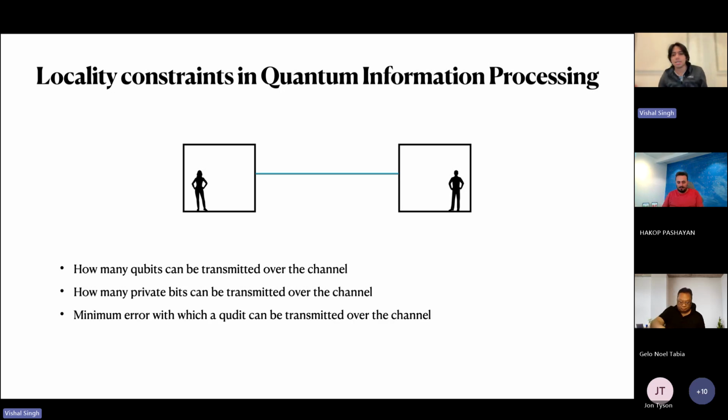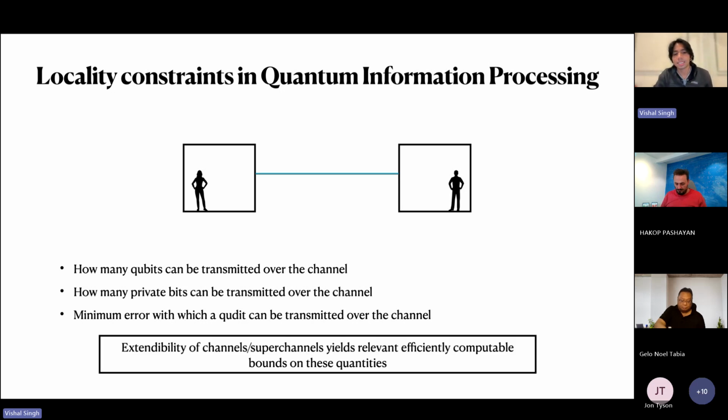And you can modify the question a bit and look at different metrics. For example, you can also look at what's the minimum error with which you can send a qubit over this channel. And the extendability of channels is helpful in getting efficiently computable bounds on these quantities, because if we have to find out, for example, how many qubits can be transmitted over the channel, we need to optimize over all possible encoding and decoding operations.